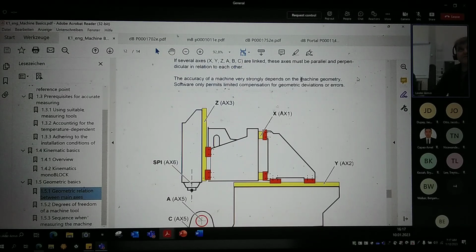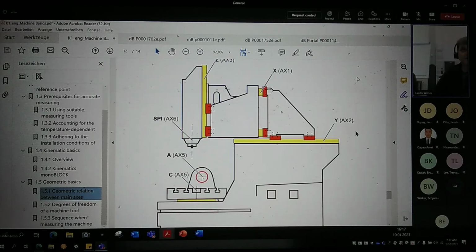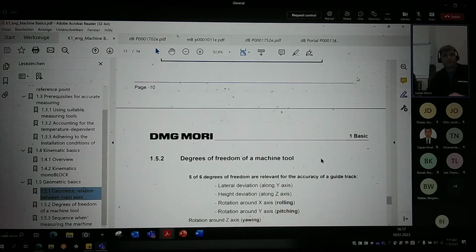If that's okay, then you can use some software compensations. That's the other thing. But the better the mechanical geometry, the less compensation is needed, and that gives you a good result on any machine.